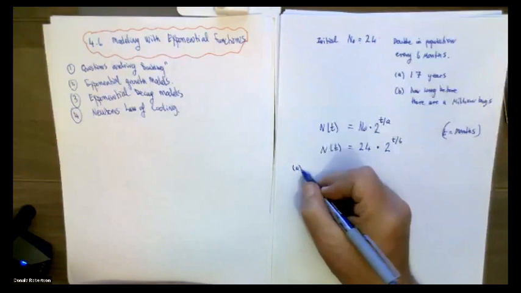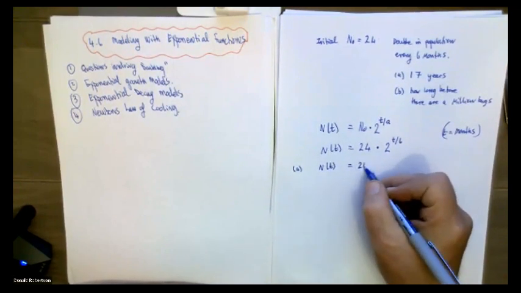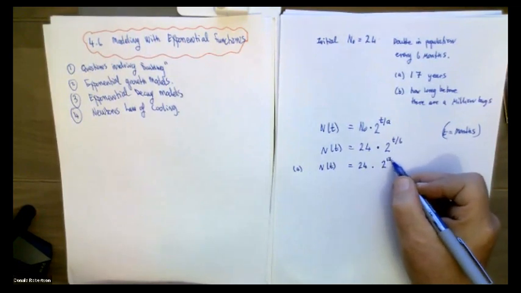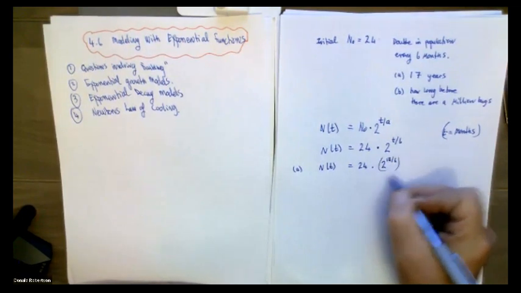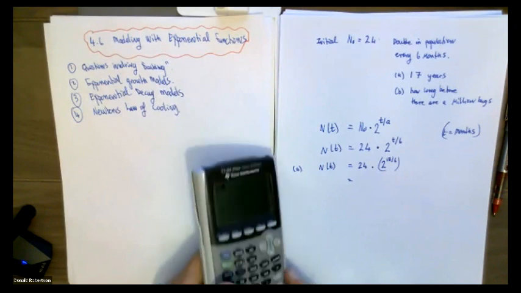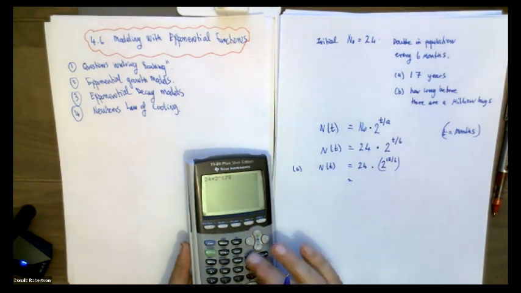So the first question is, how many of these bugs are there going to be in 17 years? So it's 2 to the power of 17 over 6. Let's see what that looks like. On my calculator then, 24 times 2 to the power of, put a little bracket around it, 17 divided by 6, close the brackets.